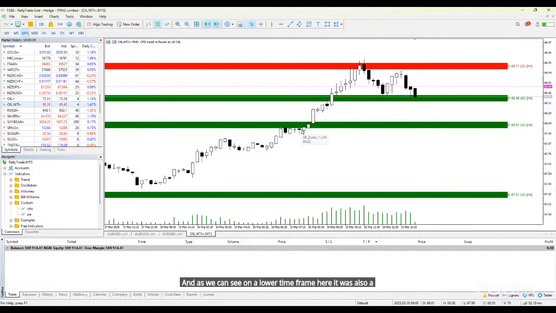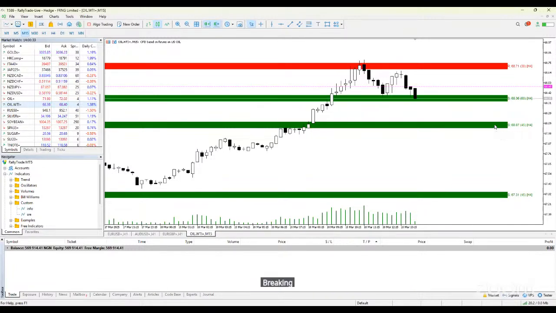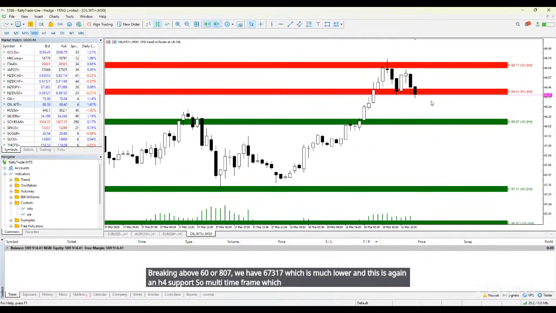For a while, the price moved below it, and after that, it broke and went all the way up. Breaking above 68.07, we have 67.31, which is much lower, and this is again an H4 support. So multi-time frame, which we can actually look for on the same chart.